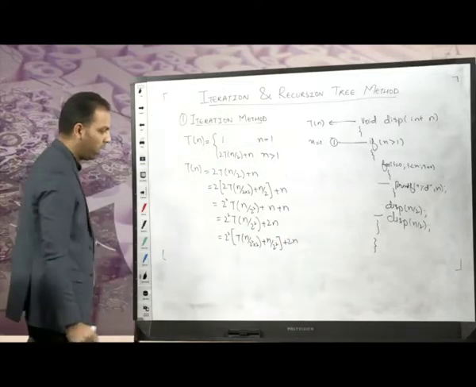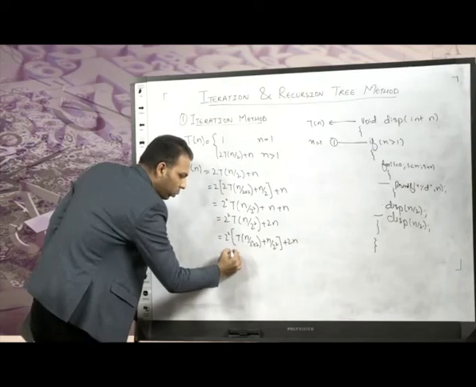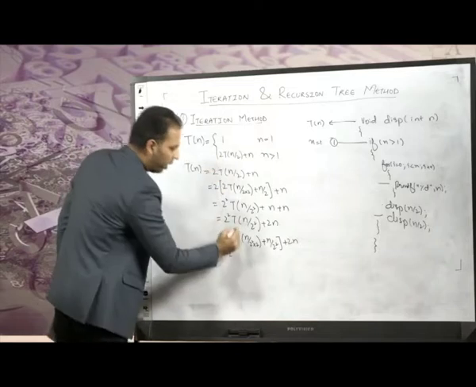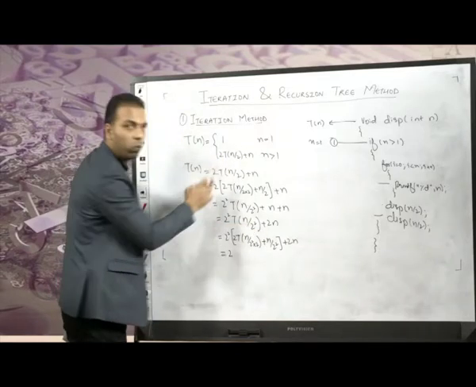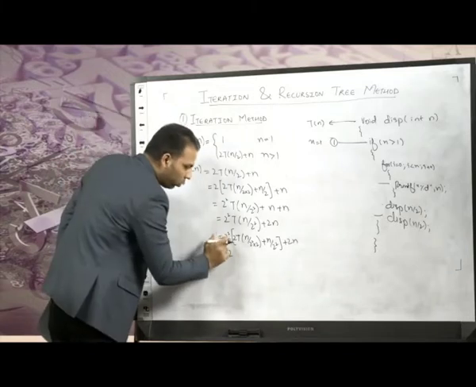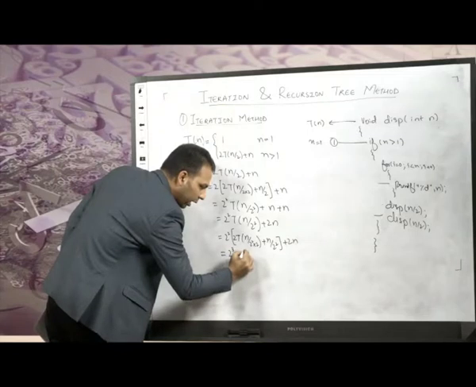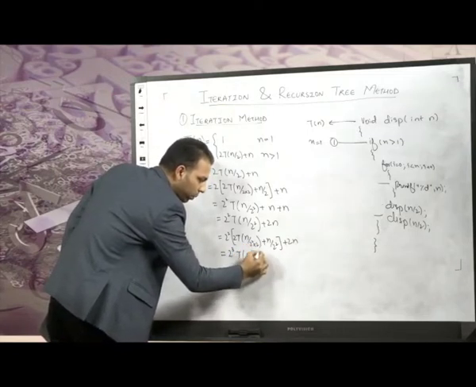Okay, so if we again multiply it, it will be 2 square. We had this 2, we didn't write it here, it is 2T. When we open this, we have to write the 2 that is in the formula. So 2 square multiplied by 2 will be 2 cube. Then it will be T(n/2 cube).